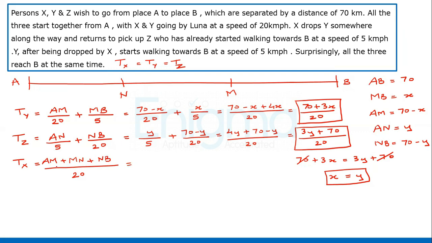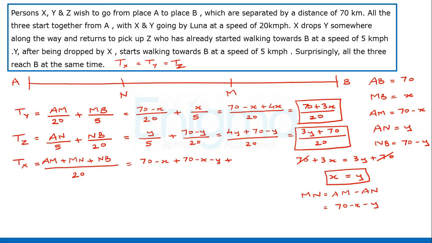Now, AM, that is 70 minus x, MN. Now, what can be MN? We can say that MN is equal to AM minus AN. That is, AM is 70 minus x and AN is y. So MN will be 70 minus x minus y. So plus 70 minus x minus y plus NB.